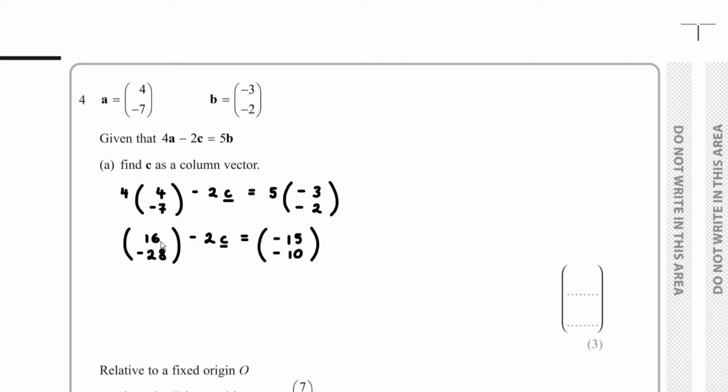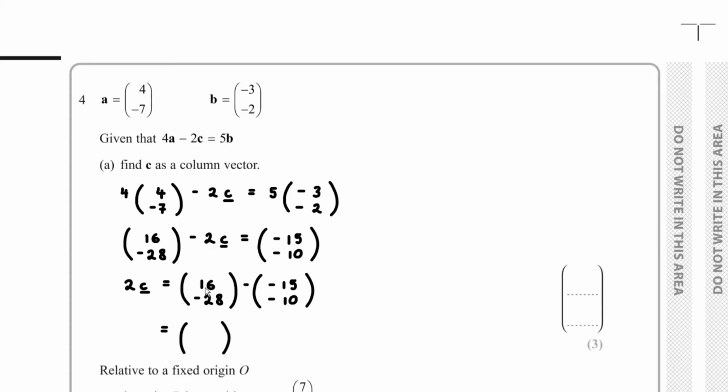Hence, we have (16, negative 28) subtract 2c equals (negative 15, negative 10). Therefore, 2 multiplied by the vector c is equal to (16, negative 28) subtract (negative 15, negative 10).